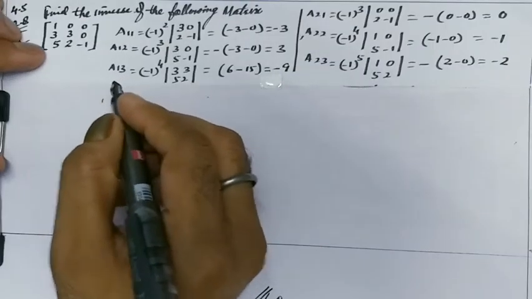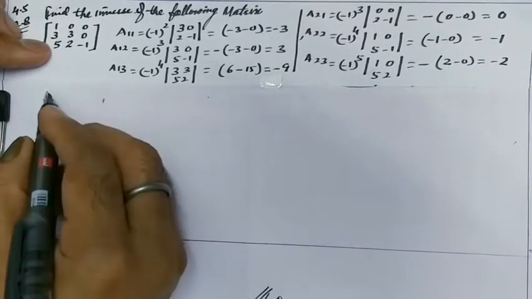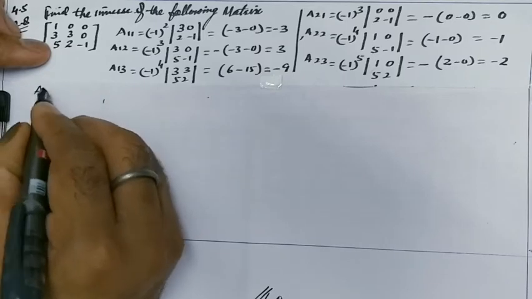Now we'll go for row 3. The first cofactor of row 3 is a31.